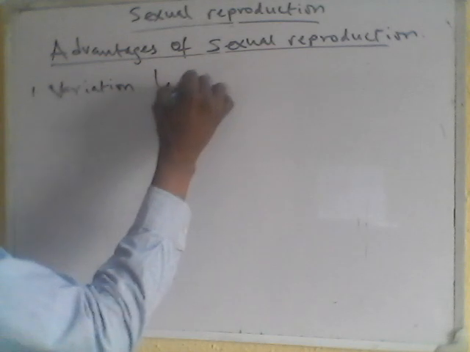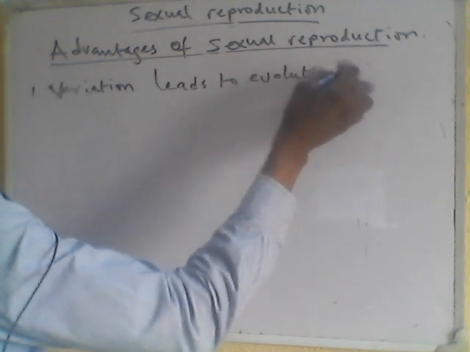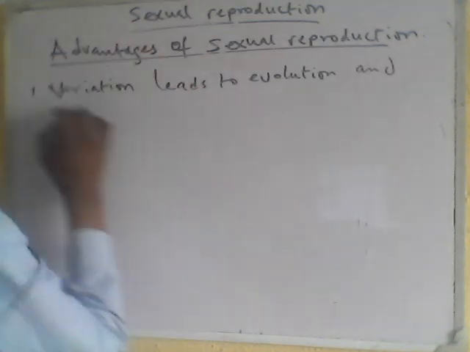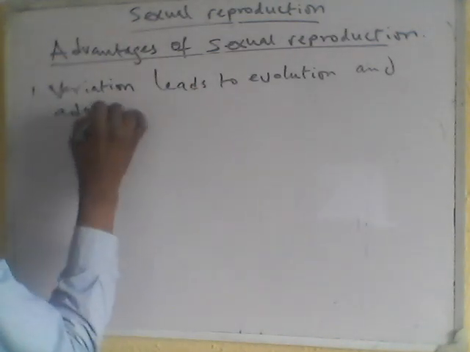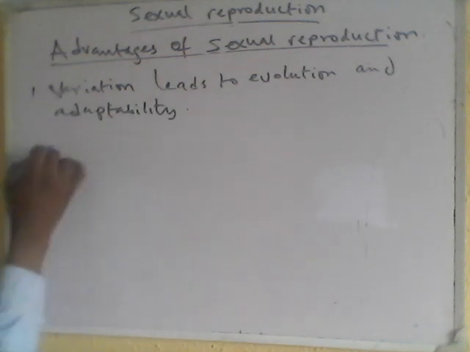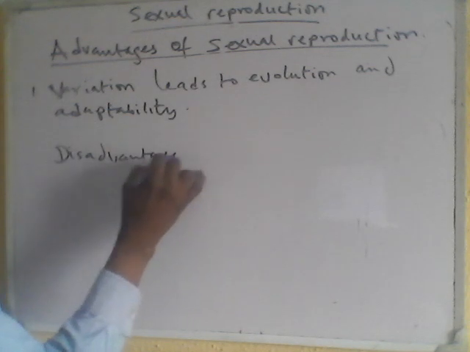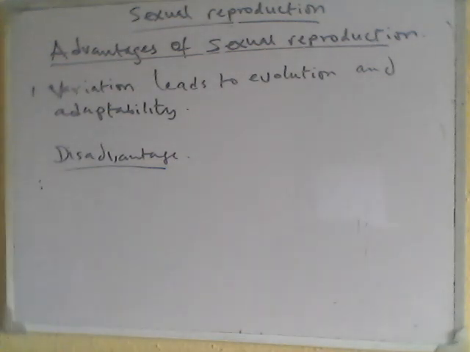So variation leads to evolution, which is a change, and adaptability. Okay, the disadvantage of this is that it is slower, energy consuming, and requires two parents.